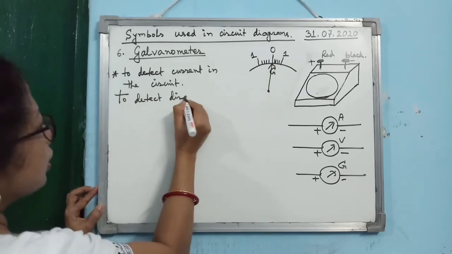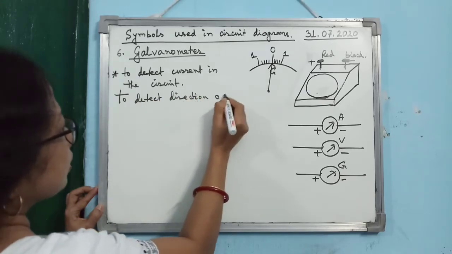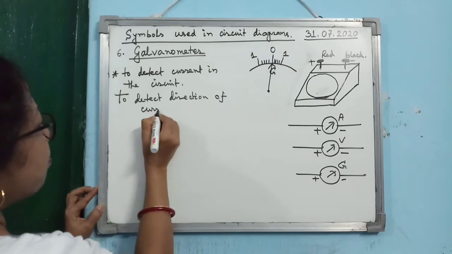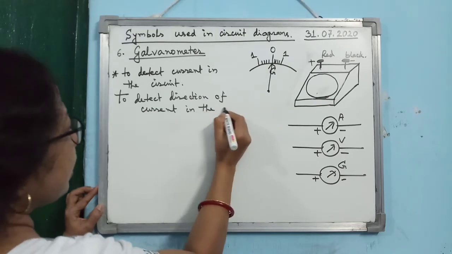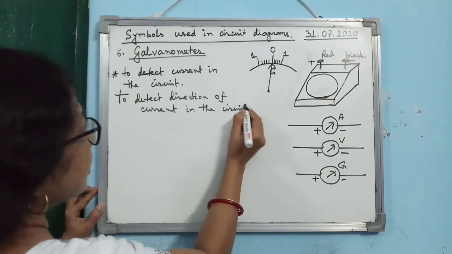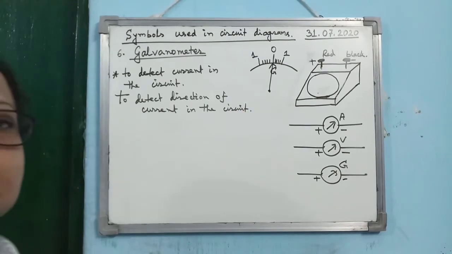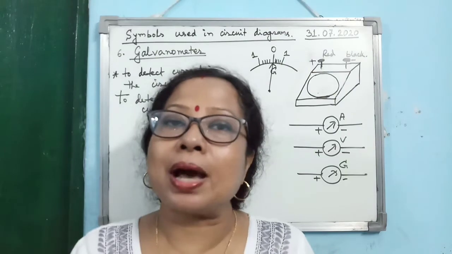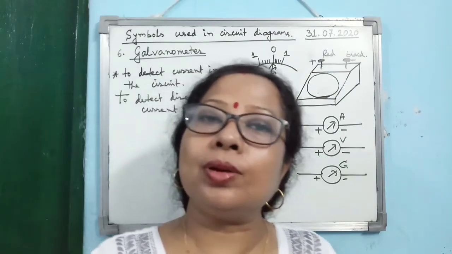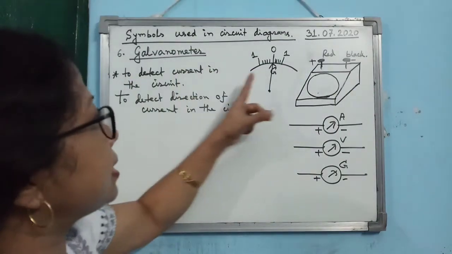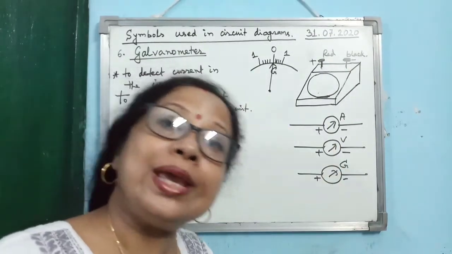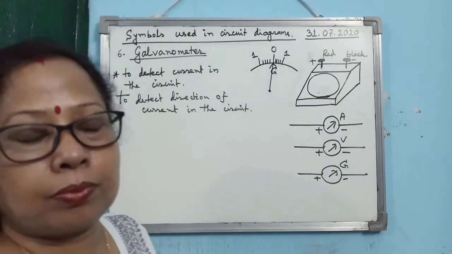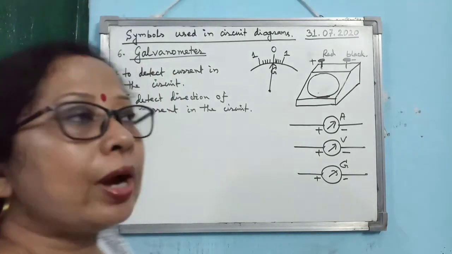But remember, it is never used to measure the amount of current. It will never tell you how much current is passing through the circuit. It will only say whether current is there in the circuit or not, and if current is there, in which direction it is passing.